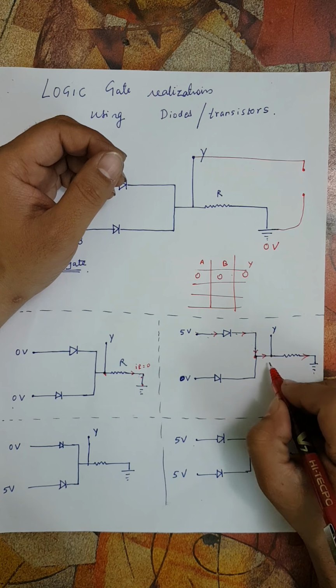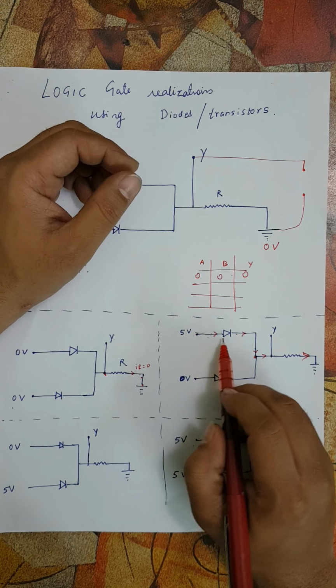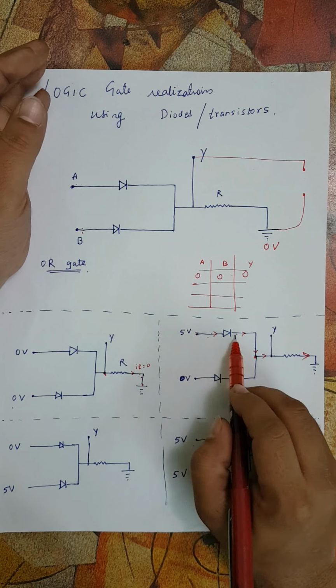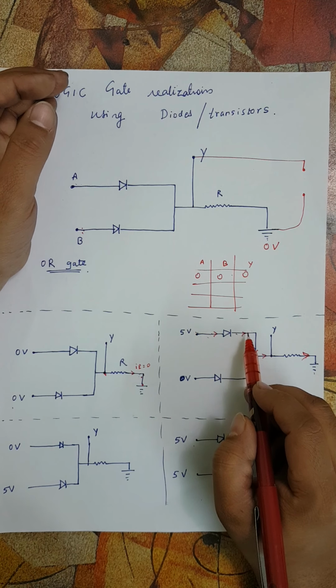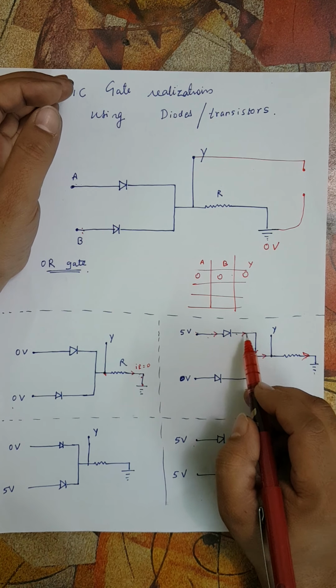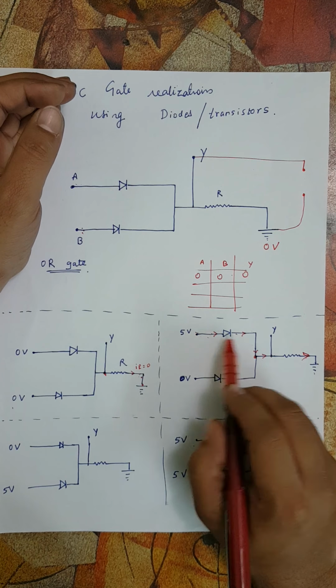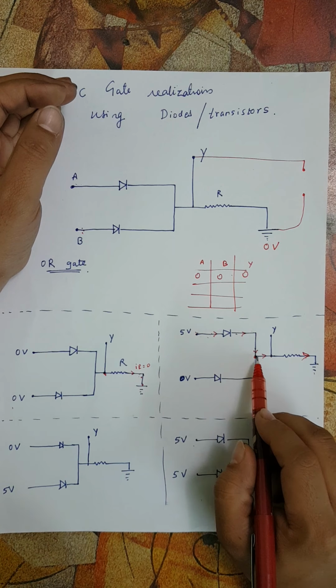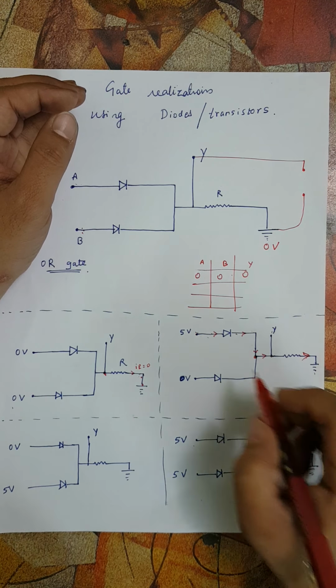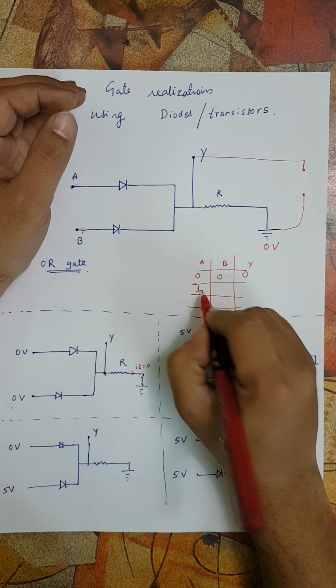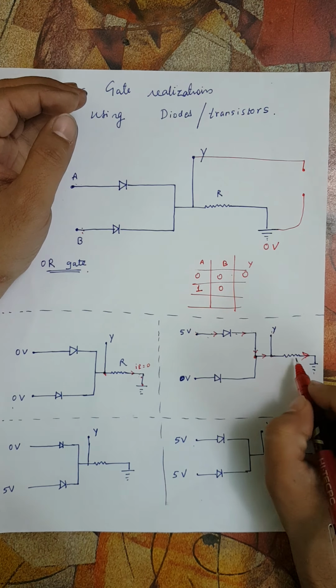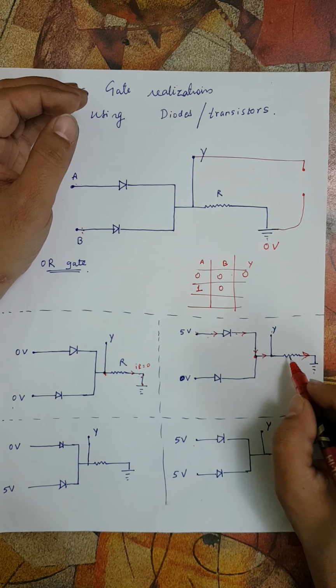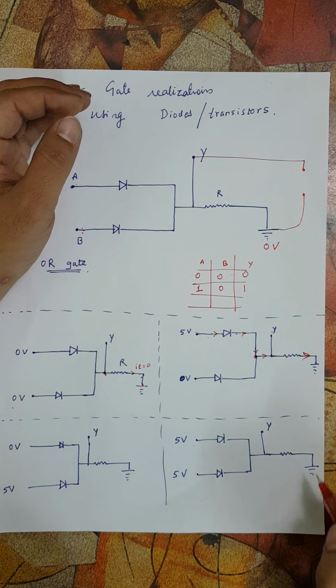If we assume the ideal diode, there is no potential drop, so whatever is 5 volt here is the same 5 volt at the output. So if the input is 1 0, the output is also 5 volt, which is again a high output, or 1.